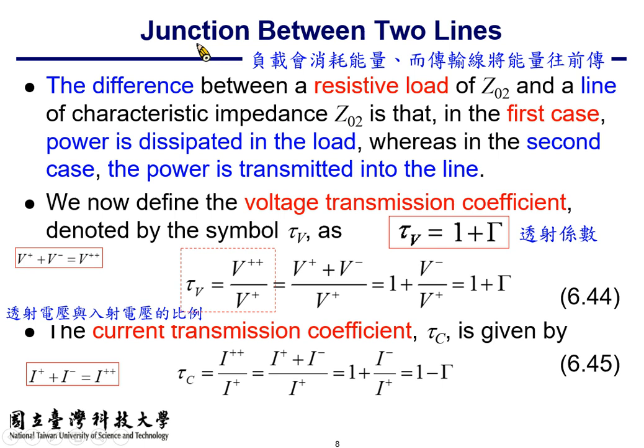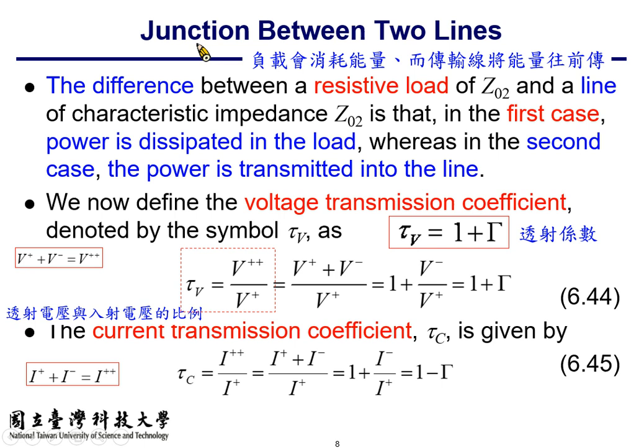However, note that this is the so-called voltage transmission coefficient. In the textbook, it also defines the so-called current transmission coefficient. Forget about this, all right? I don't want to confuse you about the expressions for the current reflection coefficient and current transmission coefficient. We only memorize the expressions for the voltage reflection coefficient and voltage transmission coefficient, all right?